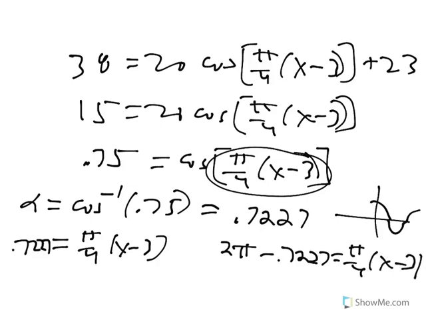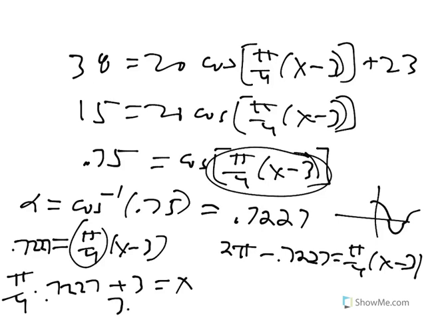Now you multiply both sides by 4 over pi, and then add 3. I'm just going to write 4 over pi times 0.7227 plus 3 is equal to x. That's one of the answers. That ends up being about 3.9. And the other answer, I'm going to write 4 over pi, parentheses 2 pi minus 0.7227.